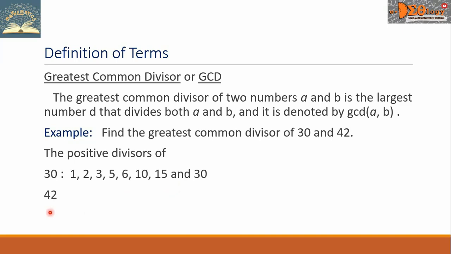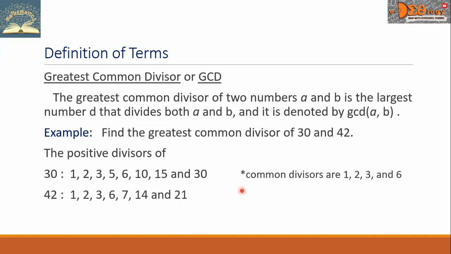For the number 42, the divisors are 1, 2, 3, 6, 7, 14, and 21. We can see here that there are common divisors, which are 1, 2, 3, and 6. The number 6 here is the biggest number among the divisors, and we write now the GCD of the numbers 30 and 42 equals 6.